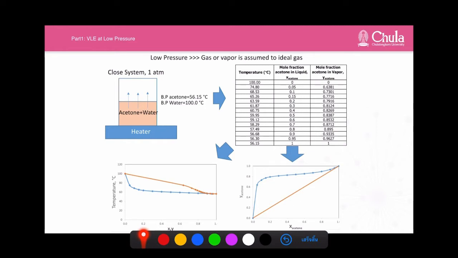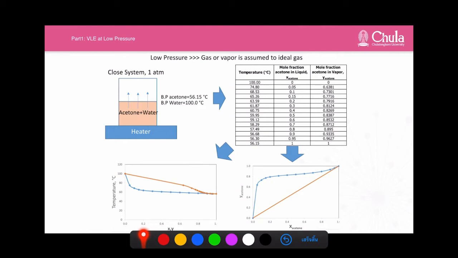And you know that the boiling point of pure acetone is 56.15 degrees Celsius, and if we have pure water, the boiling point should be 100 degrees Celsius. But a mixture containing different ratios of acetone and water has a different boiling point.